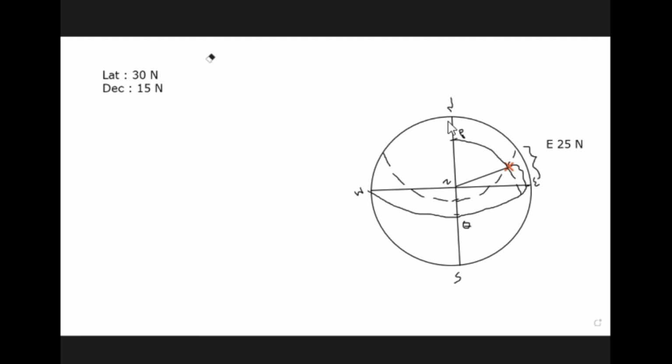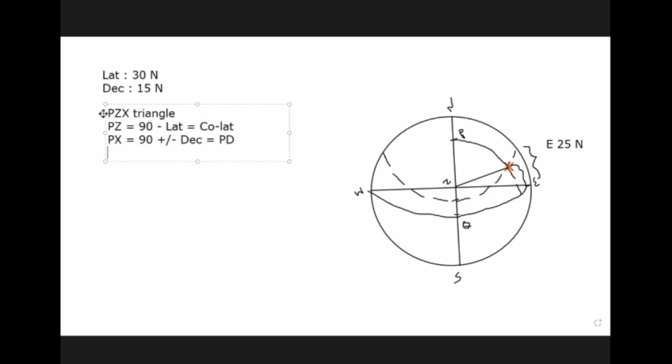Okay. So we said that in our PZX triangle, PZ is equal to 90 minus latitude, which is equal to colat. Px is equal to 90 plus or minus declination, which is equal to polar distance.